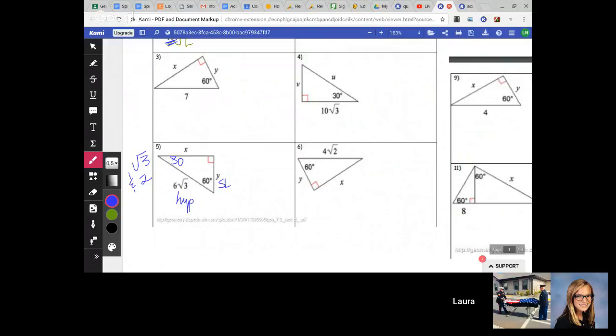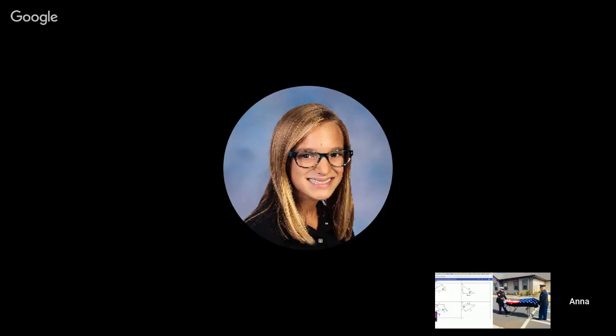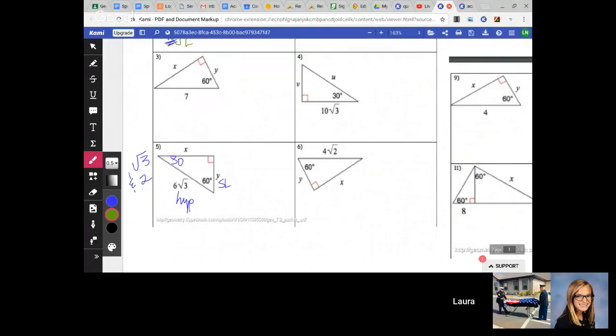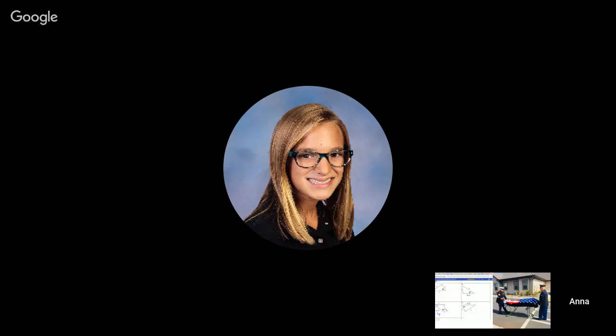All right. In 5, you have the hypotenuse and you're trying to get the short leg. So which of the magic numbers is related to the hypotenuse? 2. And if you're going from the hypotenuse to the short leg, should you multiply or divide? Divide.